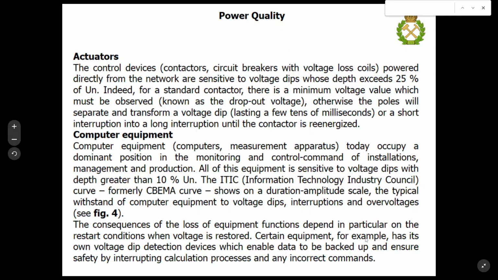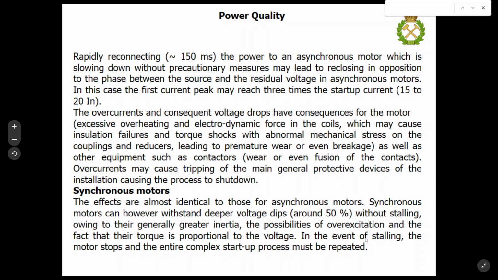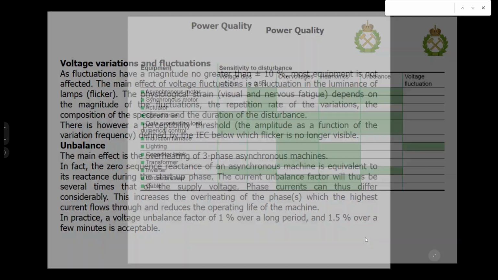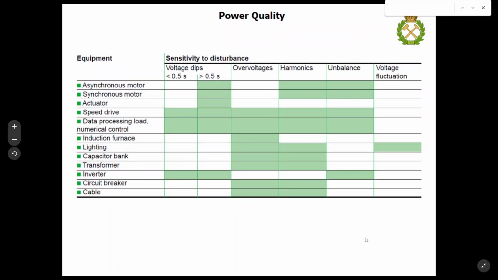And also let's consider some technical devices intended to protect from such overvoltages and other power quality indicators.